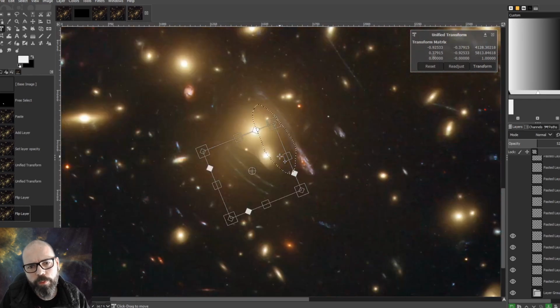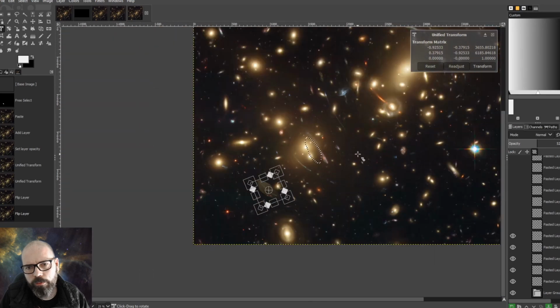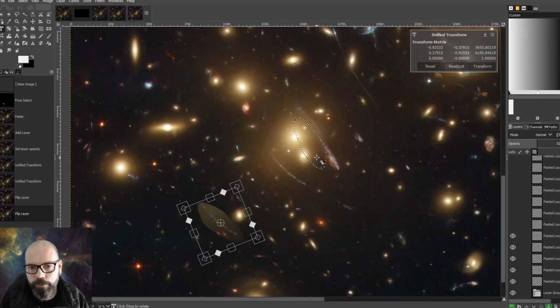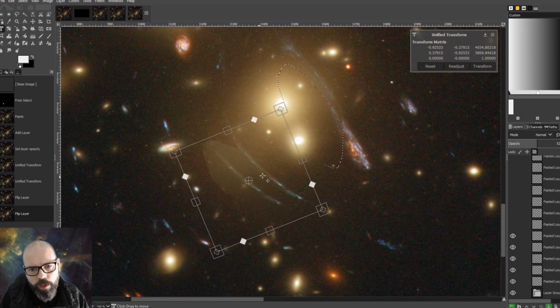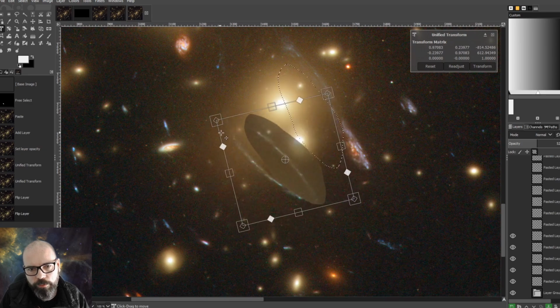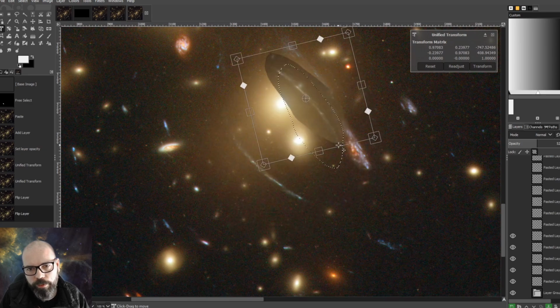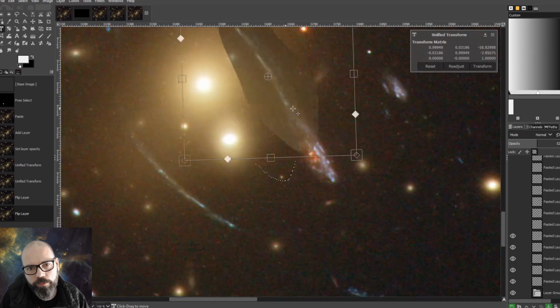So this is part of the image where the main image is up here, the gravitational circular part. And then, as I mentioned, there's this other offshoot to the side. If we take the bottom half here and rotate it the other way around, it's not perfect.